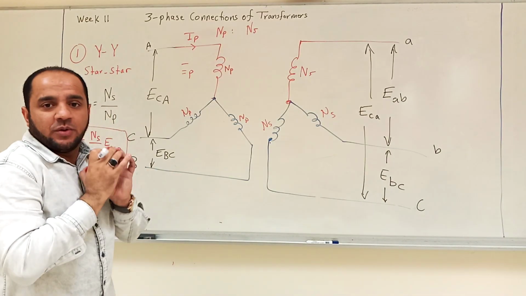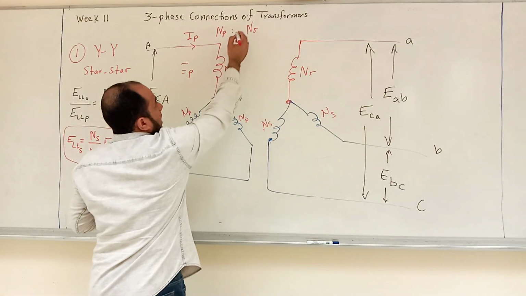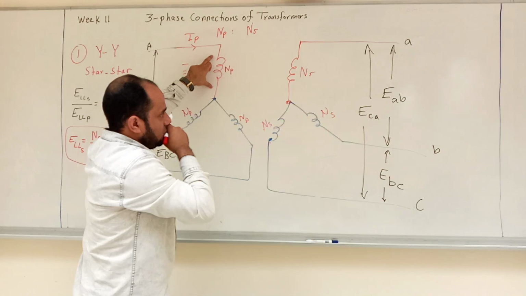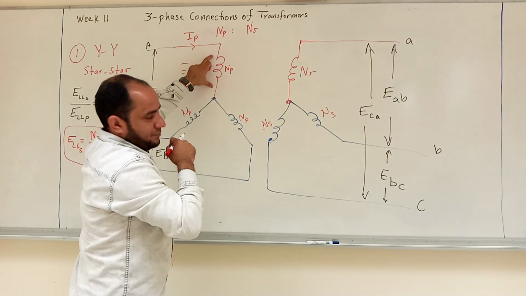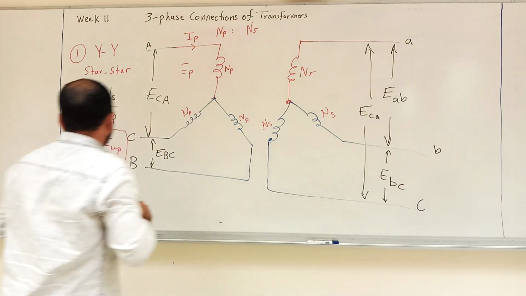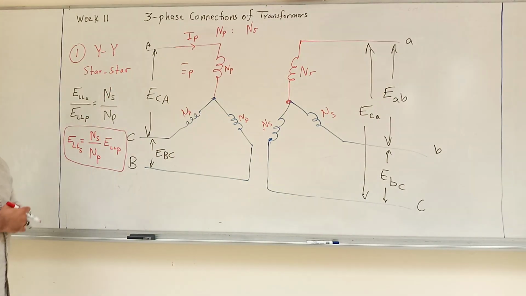But the amplitude will be different. The RMS value from the primary side and secondary side will be different based on the turns ratio: how many turns we have in the primary side and how many turns we have in the secondary side. So that's your golden equation for the Y to Y connection.